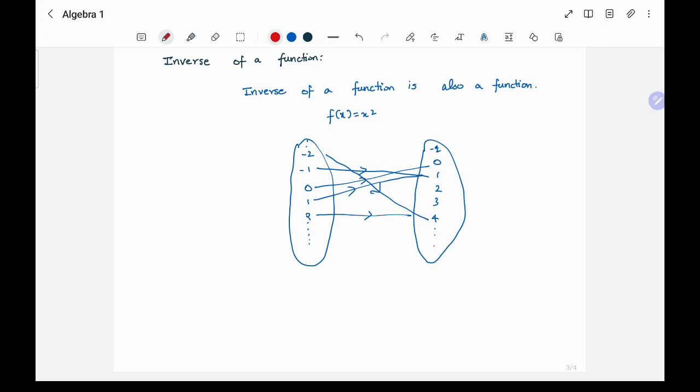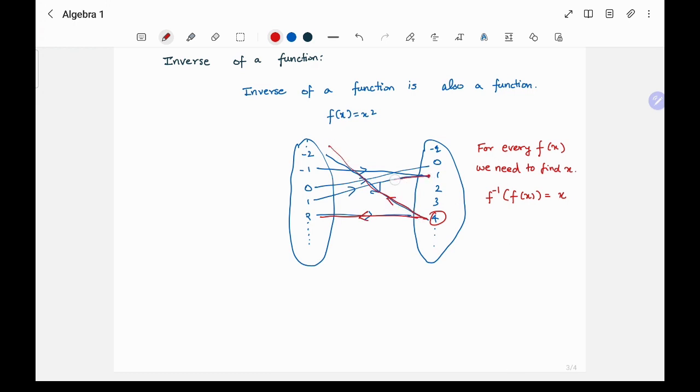Inverse is nothing but the reverse mapping. For every f of x we need to find x. So if f inverse is the inverse function, f inverse of f of x should give you one value, right? But if you take the reverse mapping, for 4 we have two reverse mappings, 2 and minus 2, right?